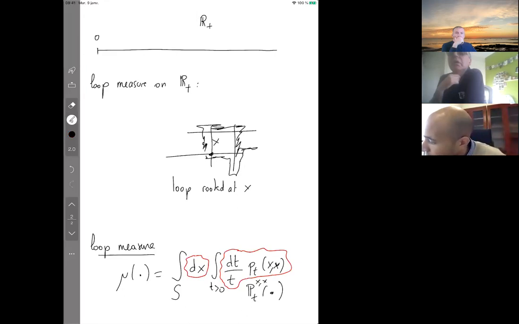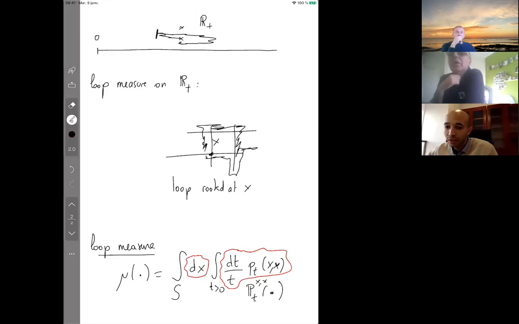That's the same on the positive half line. You choose some x, and then you choose a loop from x to x. But instead of having a loop rooted at x, you can reroute your loop at its minimum.